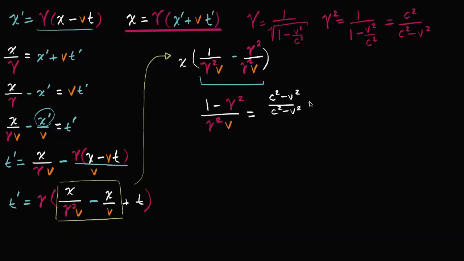And then we're going to subtract gamma squared. So we're going to subtract c squared over c squared minus v squared. And it looks like this is going to simplify nicely. Let me just do one step at a time. And we're going to have all of that over gamma squared, which is once again c squared over c squared minus v squared, and we're going to multiply that times v.